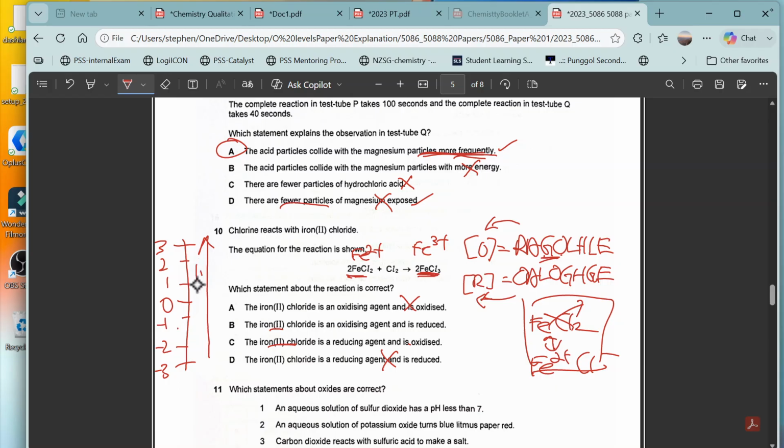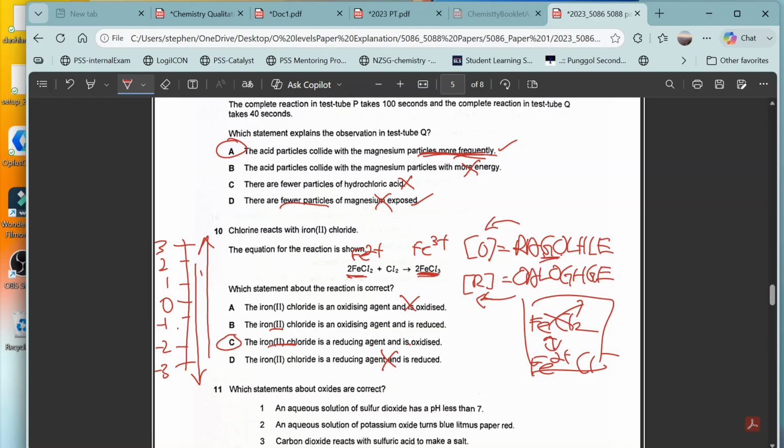If you move from this direction, we say decrease in oxidation state. Decrease because getting lower and lower. Okay, so what happens is an increase in oxidation state. That means that substance is oxidized. So iron 2 chloride is a reducing agent and is oxidized.